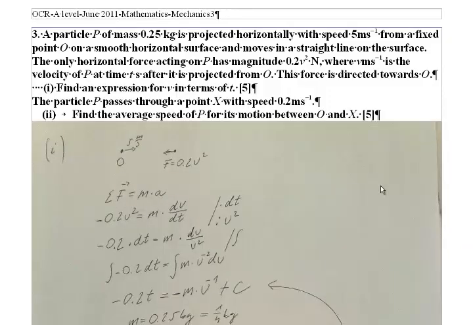The particle P passes through a point x with speed 0.2 meters per second. Find the average speed of P for its motion between O and x.